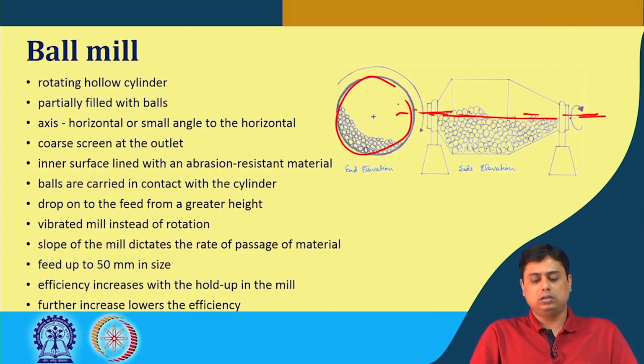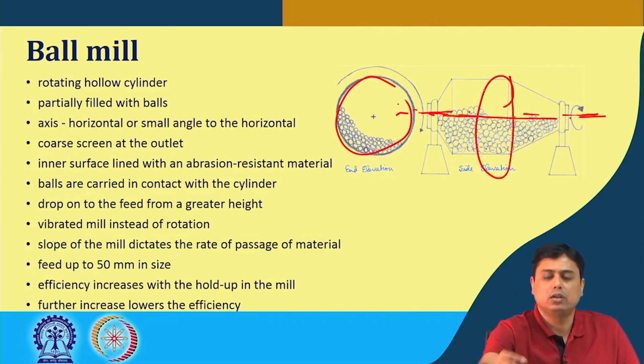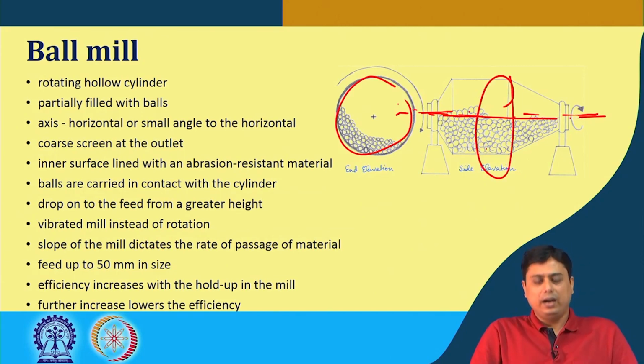These balls, partially filled in this chamber, create a lot of chaotic movement inside the bed, and with the feed and the load it is handling, and the rotation of this body, there are heavy chances of abrasion to all the parts of this ball mill. So, typically the inner lining of this rotating body is made of abrasion resistant material such as rubber or stainless steel.